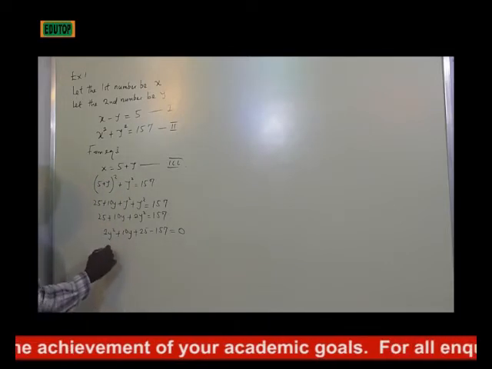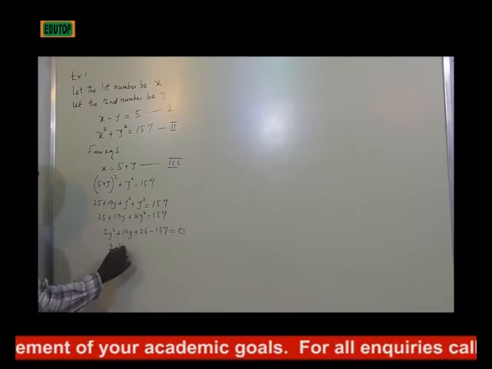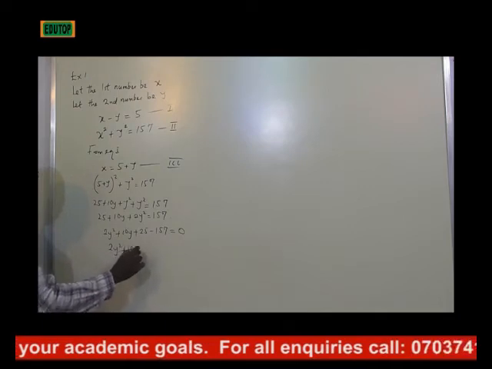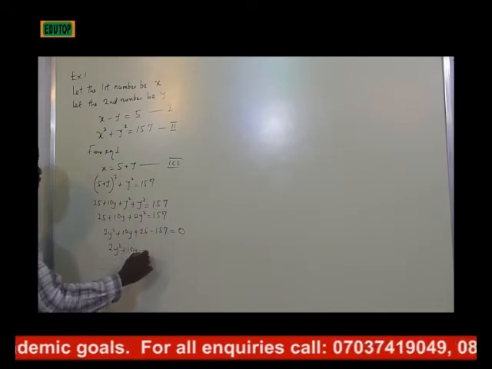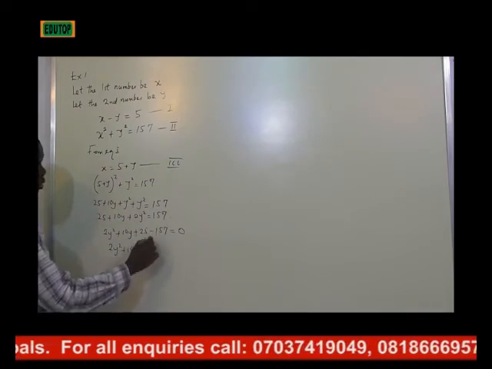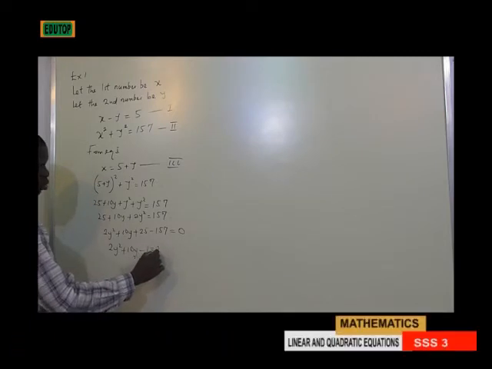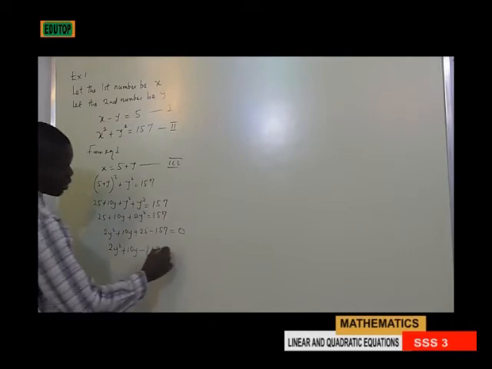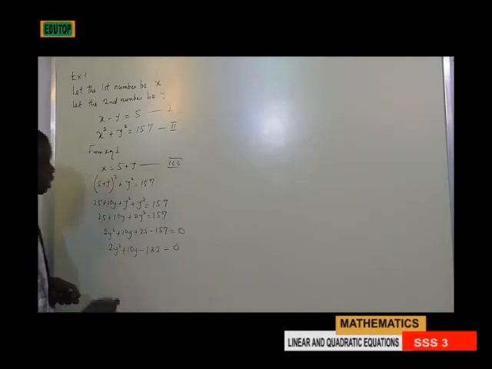Then to simplify this, I'll have 2y squared plus 10y minus 132 equal to 0. Then I want to use the formula here.